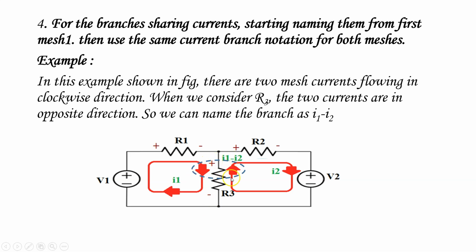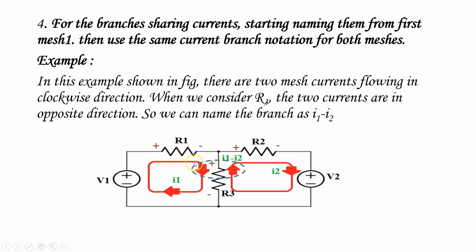With respect to R3, if I see the current direction individually, it is flowing in the clockwise direction. With respect to R3, both the directions are opposite. So the current flowing in the R3 branch will be I1 minus I2, when I am proceeding from the first mesh.